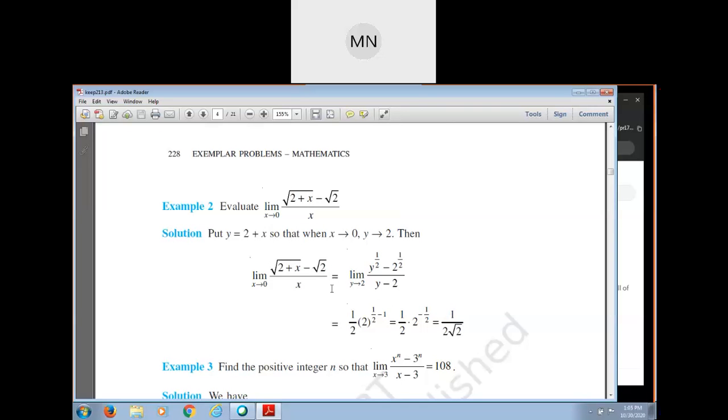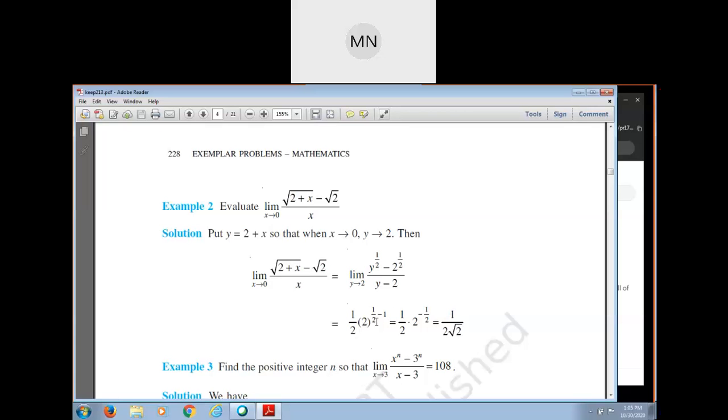And see that we have already got a formula. That formula says that limit x tends to a, x to the power n minus a to the power n divided by x minus a, is n into a to the power n minus 1.